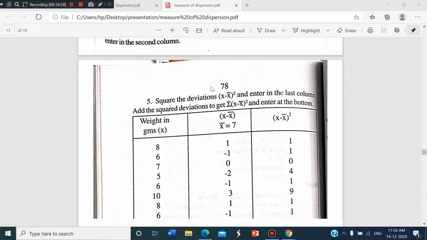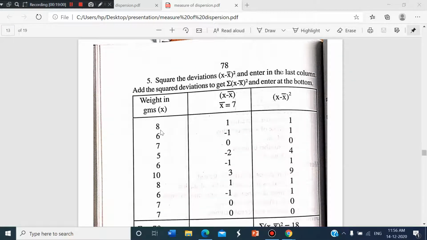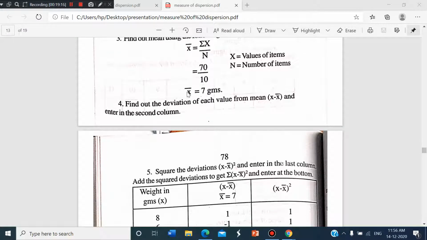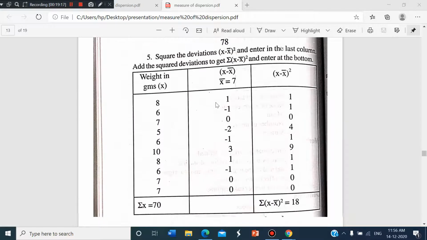So then you make three columns. In one you write the weight of the fishes in grams, that is the x: 8, 6, 7, 5, 6, 10, 8, 6, 7, 7. Then you calculate x minus x bar. X bar value you have already calculated, that is 7.